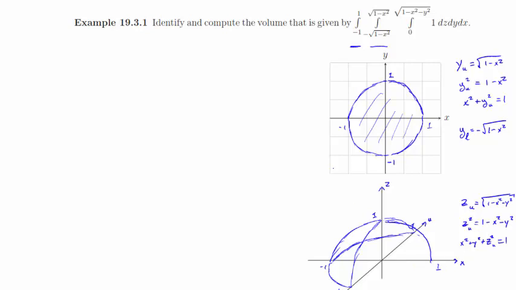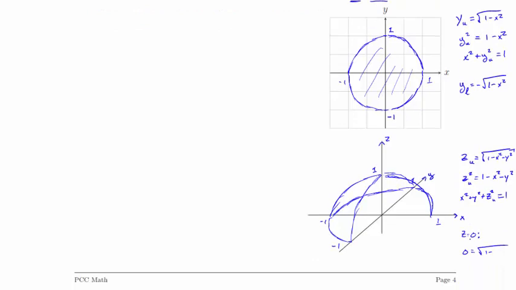And I'm also thinking about the fact that the lower bound is z equals 0. So when z equals 0, that gives us 0 equals the square root of 1 minus, oops, you cannot see that, can you? There we go, better. 1 minus x squared minus y squared. And this solves out to just be x squared plus y squared equals 1.